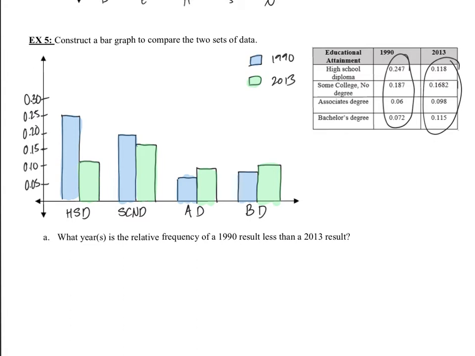Interesting. So let's look at the question. At what year is the relative frequency of a 1990 result less than a 2013 result? So when is a 1990 less than a 2013? Looks like for those two relative frequencies: associate's degrees and bachelor's degrees.